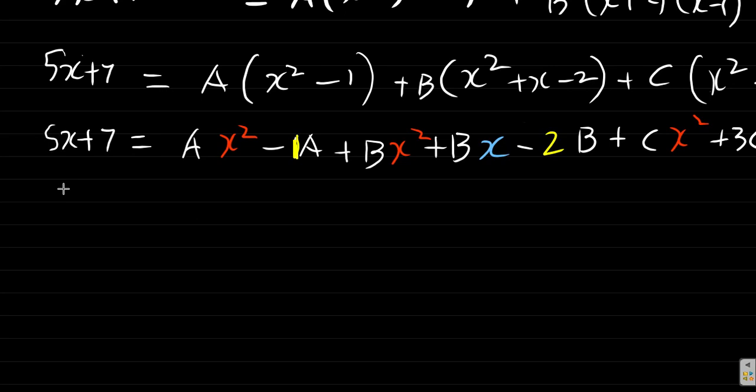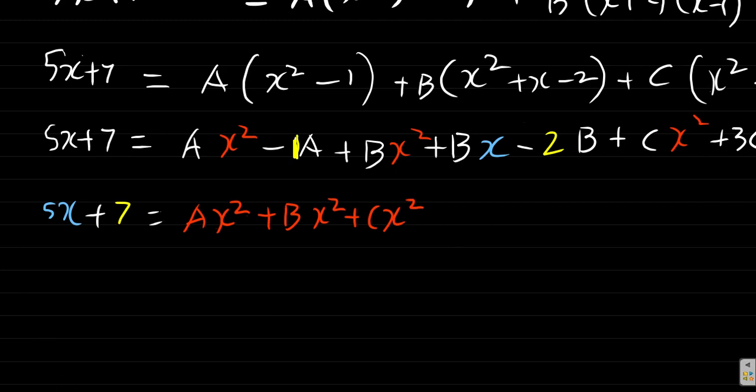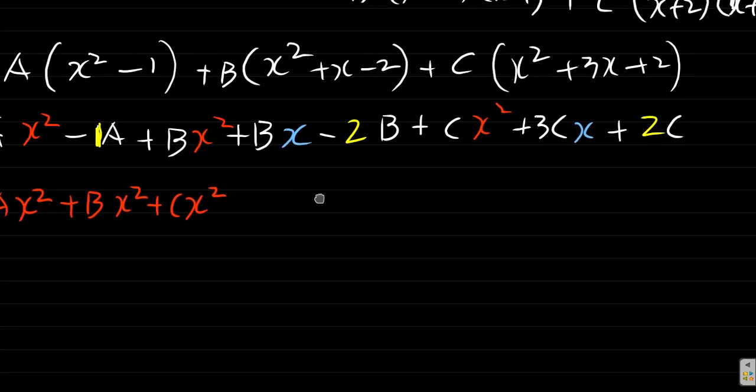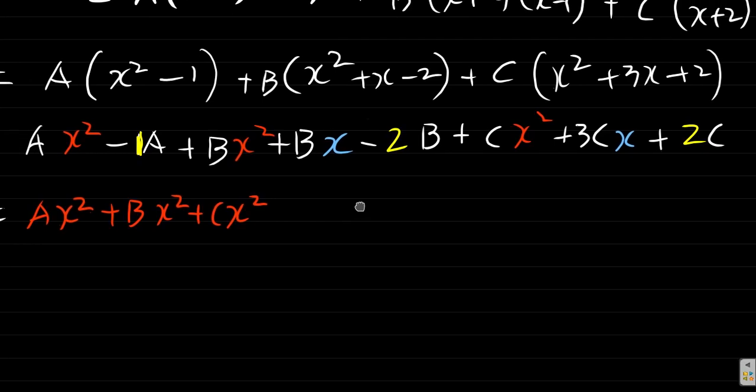Now you have a 5x. So we have 5x plus, you have a 7 there. Let's put the numbers in yellow. Equal. Now the x squared parts. You have a x squared plus b x squared plus c x squared. All right. We just want to separate them, not only by the x squared but by colors as well.